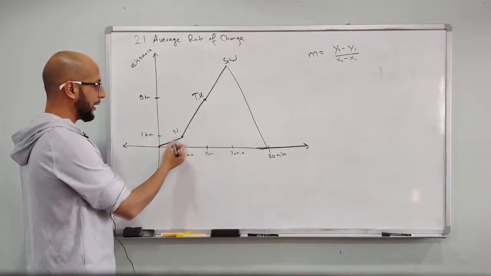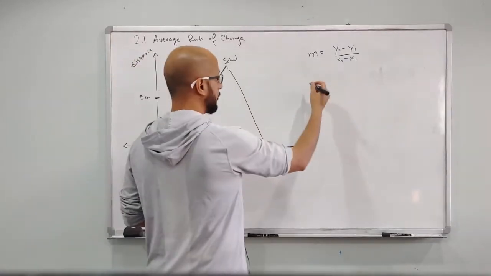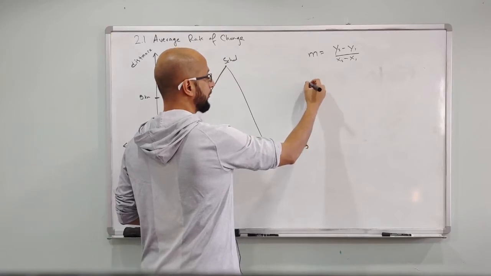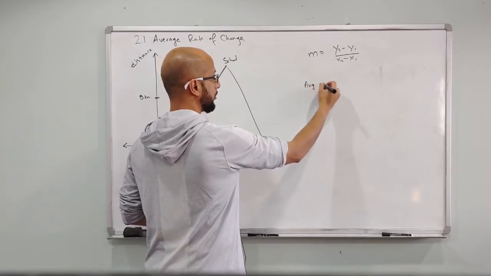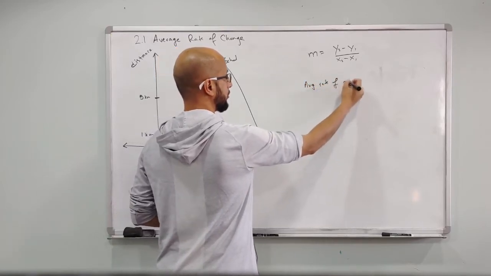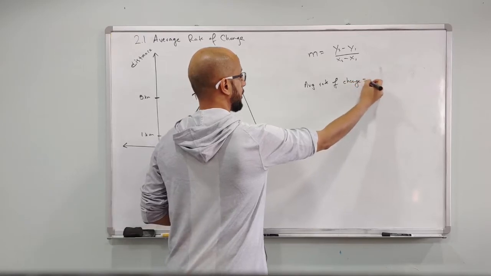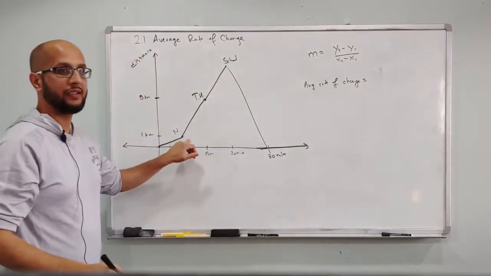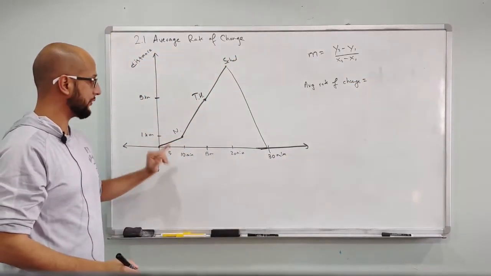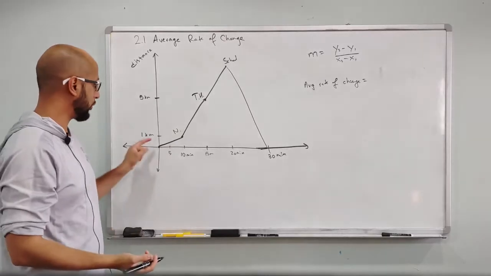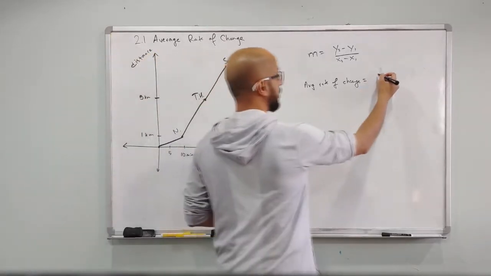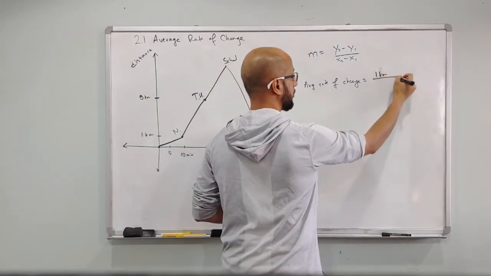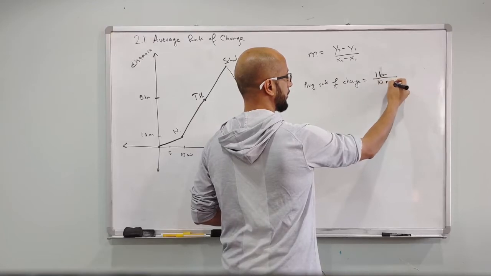So from my home to my nephews, my slope, or the average rate of change, is going to be the distance that I cover divided by how long I'm driving for. So I cover 1 kilometer in 10 minutes.